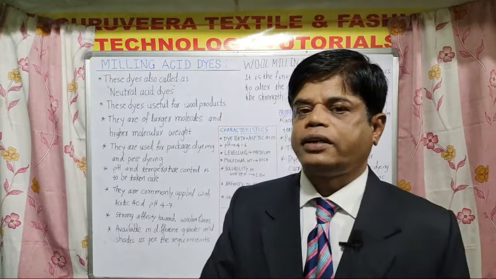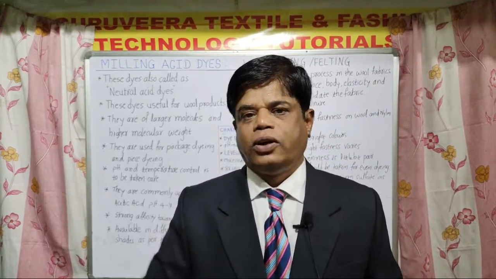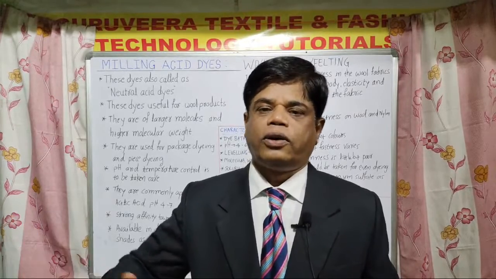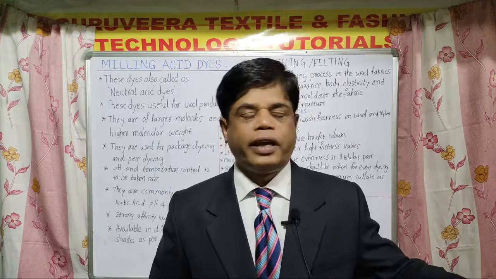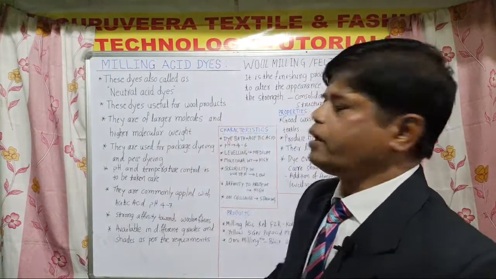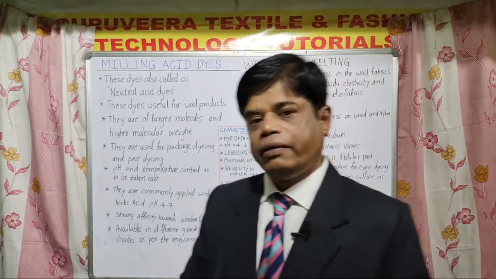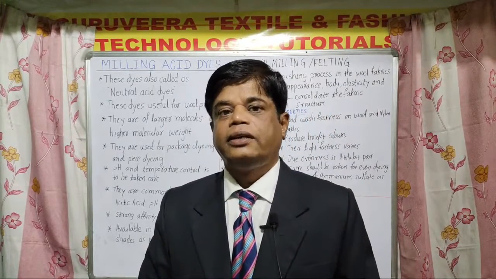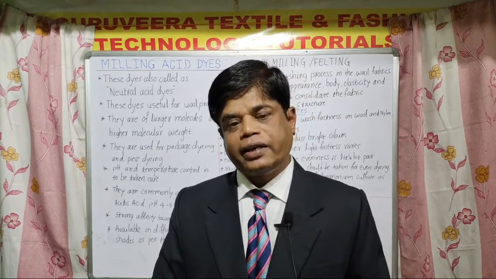So the milling process with these dyes takes place at neutral pH, not towards alkali, and not in concentrated acid. That is why these dyes are called neutral acid dyes. But in the case of leveling dyes, the pH has to be taken care of.